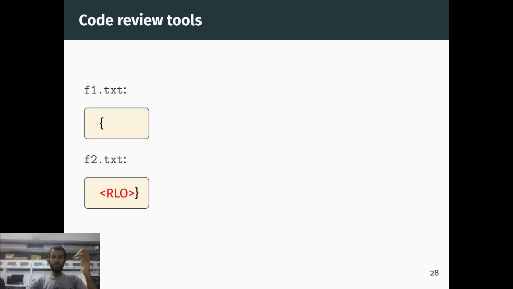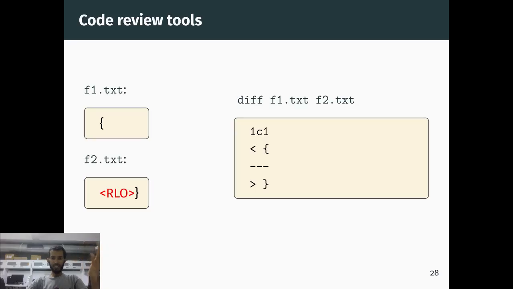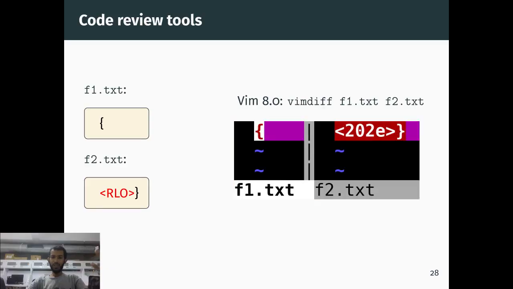So when we use a code review tool like a simple diff, it will show which character is different. So that should be enough warning for us to see. When I try Vim diff, Vim has an interesting property. It won't display many of these control codes, and it will instead display them as their Unicode values.